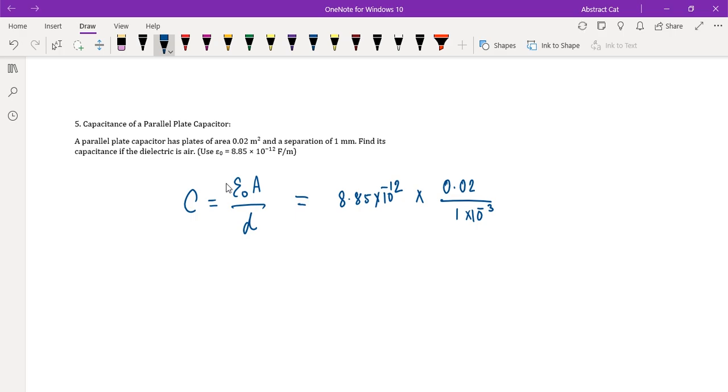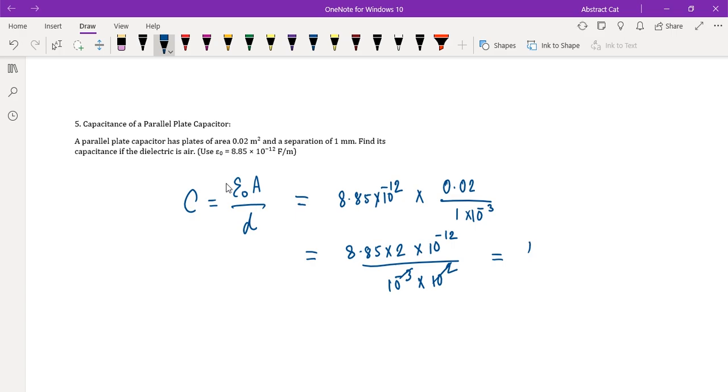Okay, so 8.85 into 2, that is 10 to the power minus 12, by 10 to the power minus 3 into 10 square. So you cancel these two, you get only 10.